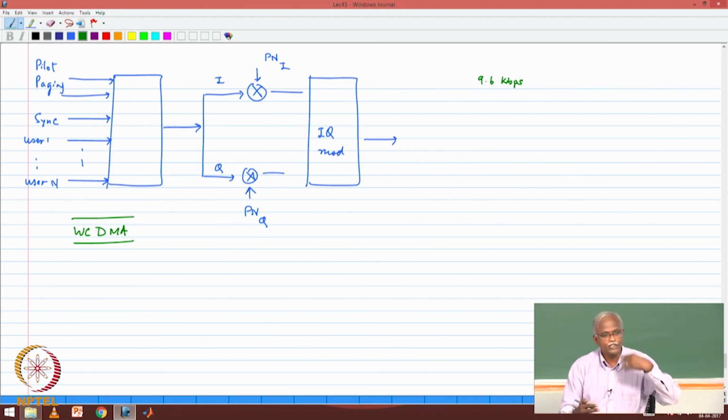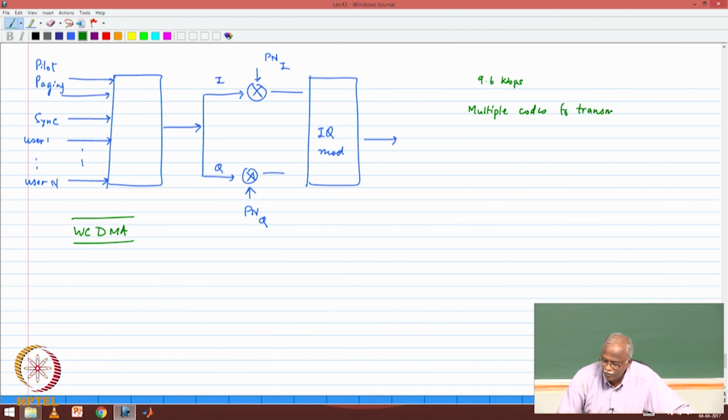You take W3, W4, W5, and they won't interfere with each other, so you would have to use multiple codes to transmit higher data rates, right? Straightforward. But if one user says I want 10 codes, then you will run out of codes very soon, right? Because you have only a certain limited number.